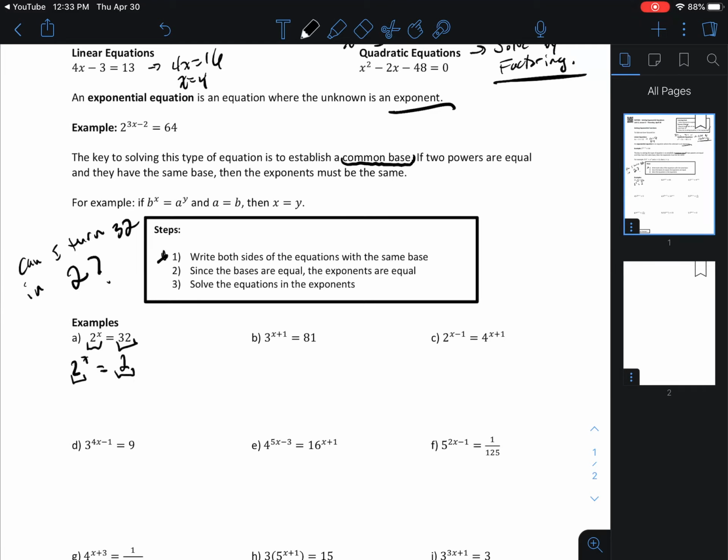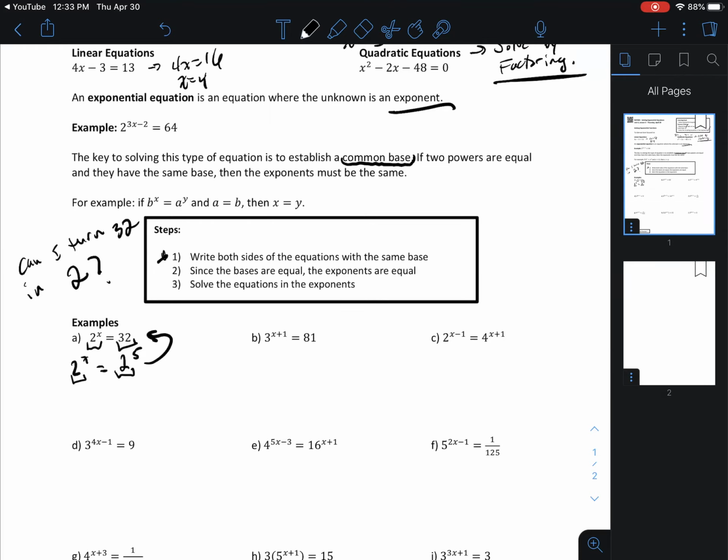That's your question. So you're going to rewrite the left side of this. It's going to be 2 to the x is equal to. You need it to be 2 in order for this to work. You need the bases to match. Then your question is, is there an exponent that I can put up top here to make this 32?